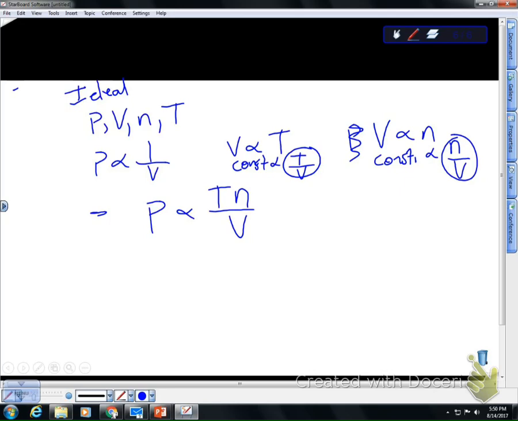Let's rearrange this a little bit, and let's say that P times V is proportional to, I'm just going to write it this way, it just looks a little better, NT.